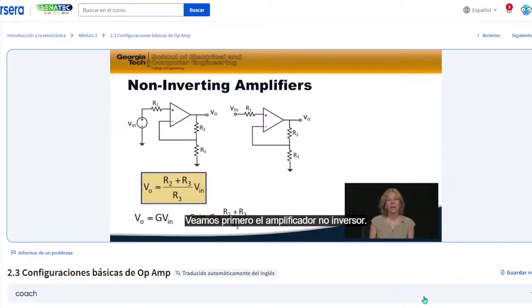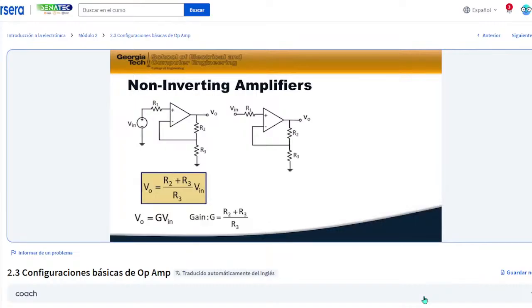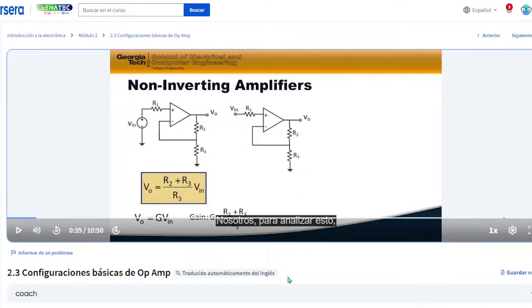Let's start with a non-inverting amplifier. Both of these circuits are the same way of representing it.